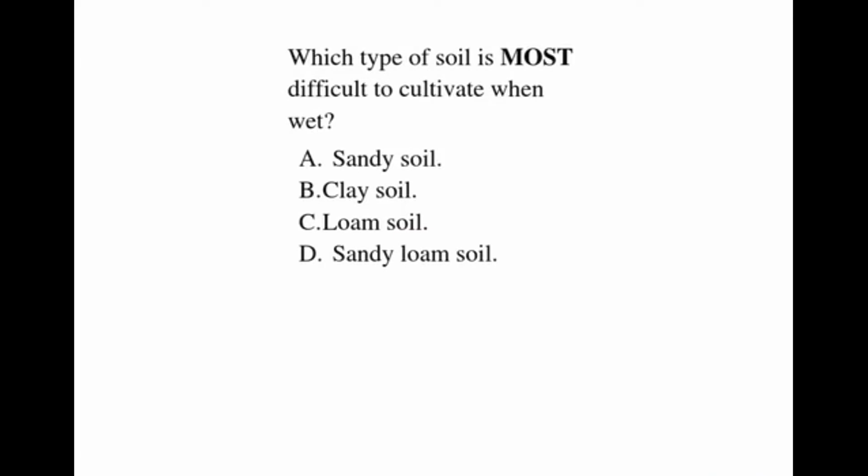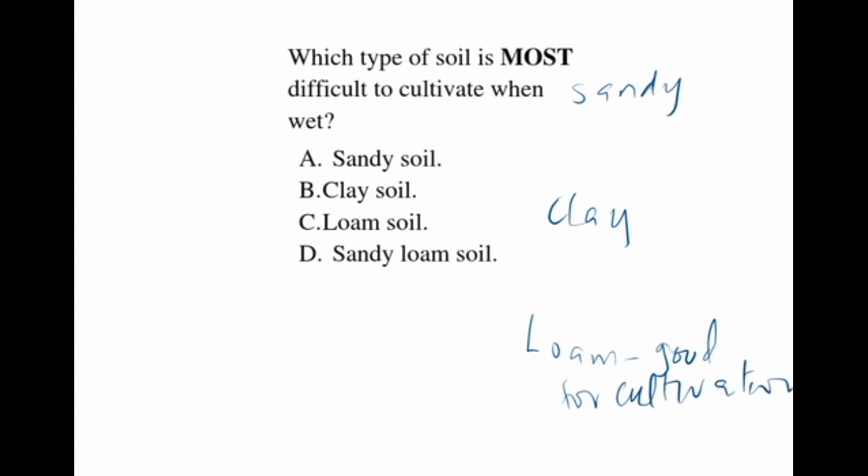Which type of soil is most difficult to cultivate when wet? We have different types of soil, that is sandy soil, we have clay, and then we have loam. It is good to note that loam is good for cultivation.